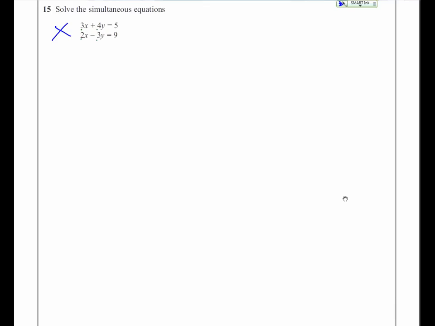What it means is we're going to times by the opposite. So this is a 2 in front, so we're going to times by 2 on top. This is a 3, so we're going to times by 3. When I say times by 2, I mean you times the whole top equation by 2, every single term. So 3x times 2 gives us 6x. Next one, 4y times 2, 8y. What's between? It's plus, equals 5 times 2, 10.